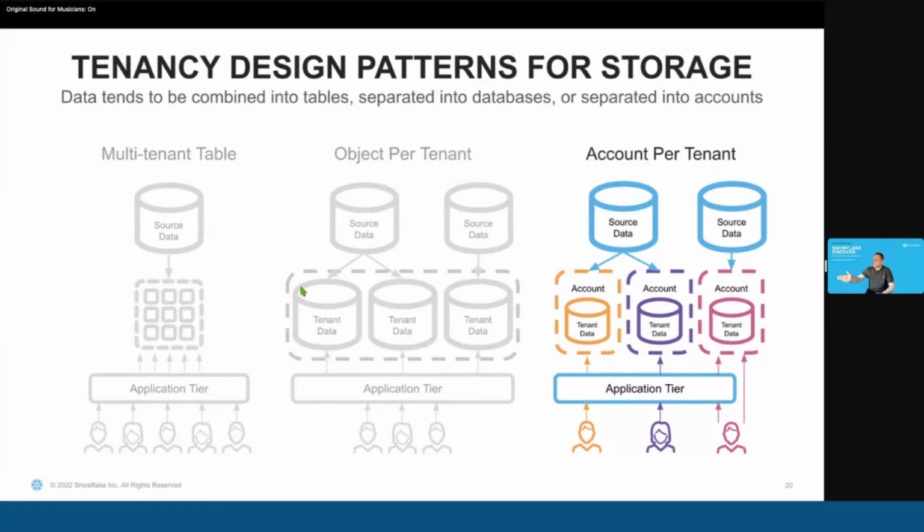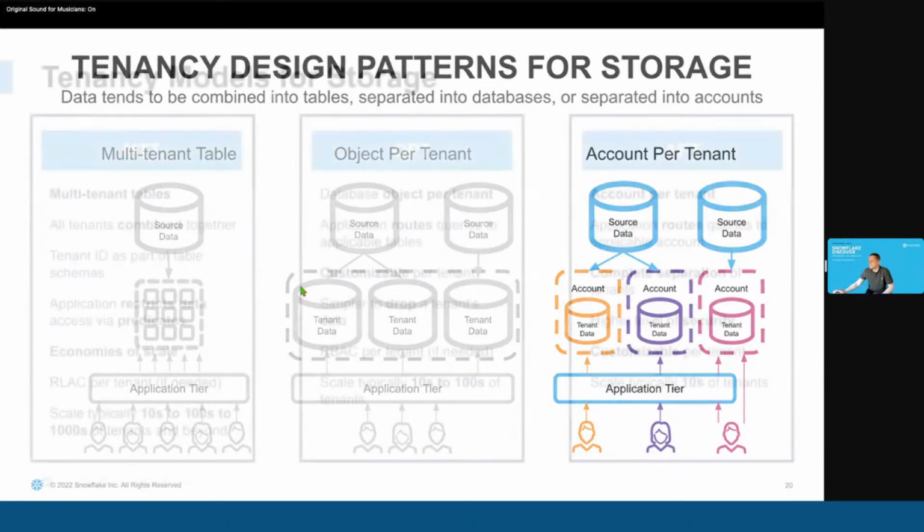So you can see as we've gone through this, there's a super simple way with multi-tenant tables, and you can control who sees what using row access policies, nice and simple. But if you want slightly more separation, there's object per tenant, where we use RBAC, and then you've got account per tenant. All of these are valid models, but there are trade-offs, and we'll come to that in a second.